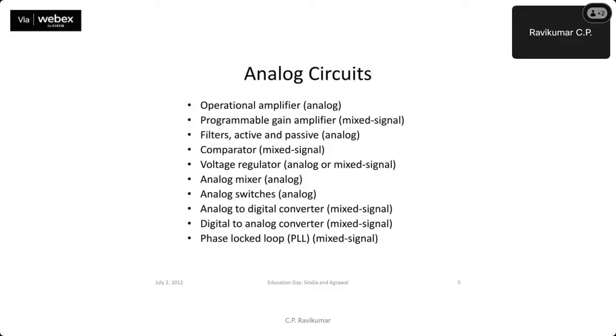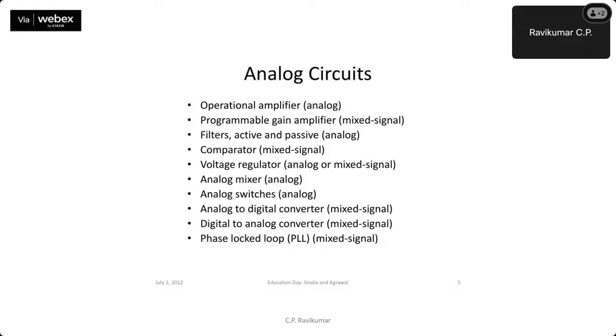It is not easy to integrate analog circuits into the same chip as the digital circuit, right? So many times analog circuits are still manufactured as analog circuits, but sometimes you do see integration of analog and mixed signal on the same chip.